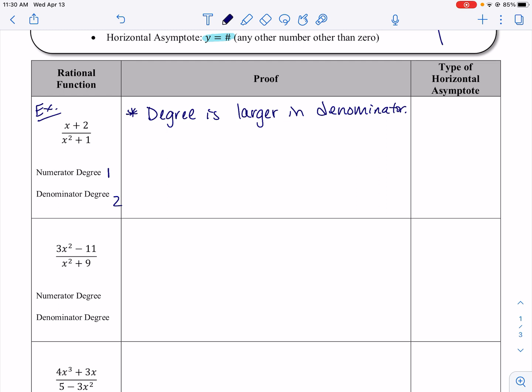If that is true, what ends up happening if you graph this or look at a table of values is that this graph and the fingers of it are both approaching 0. It's just getting closer and closer to 0. One is positive and one is negative, but it doesn't matter. Both sides of the graph are approaching this y equals 0. And this happens every time the degree is larger in the denominator.